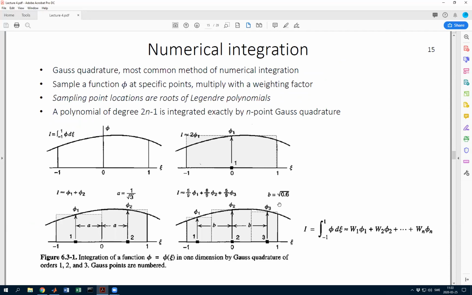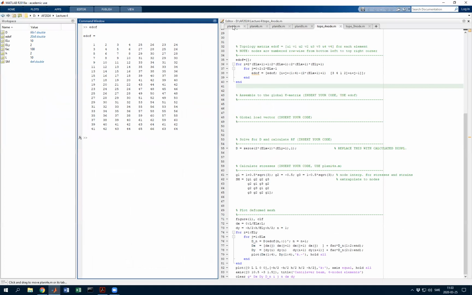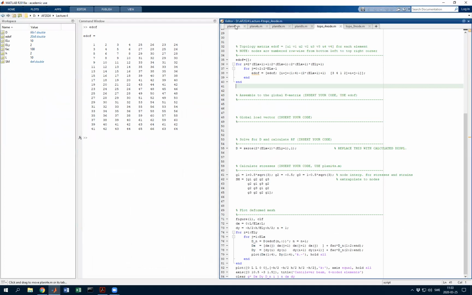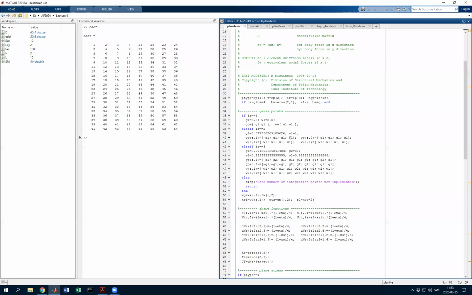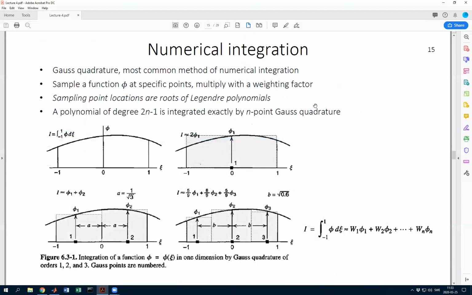Actually, you don't need to do much in the specific codes, because it should be given here. So here are all these points given for the different Gauss quadratures. They are always the same, because they are roots of these specific polynomials. So there is a limited set of Gauss quadratures that are used, and they're always the same. Okay, I understand.